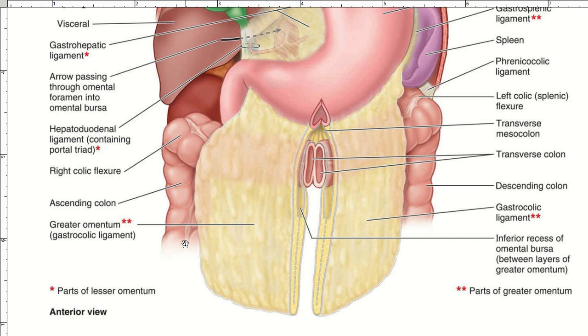So that's your greater omentum. It extends from the greater curvature of the stomach, as we're going to talk about with the stomach, and then it reflects downward. And as for the lesser omentum, it extends from the lesser curvature of the stomach going towards the liver. Good.